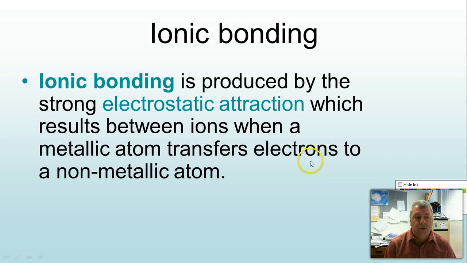Ionic bonding is caused by the strong electrostatic attraction between the positive ions and the negative ions. Strong electrostatic attraction is the force that two unlike charges experience between each other.